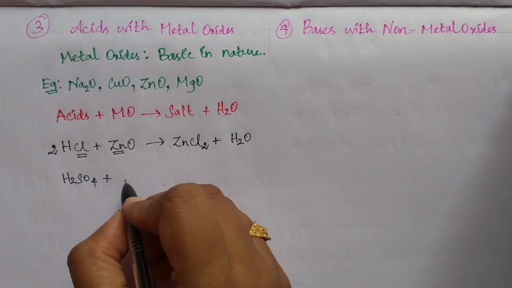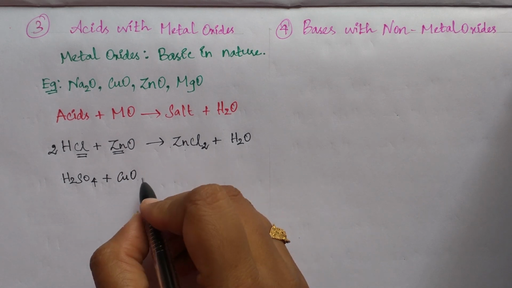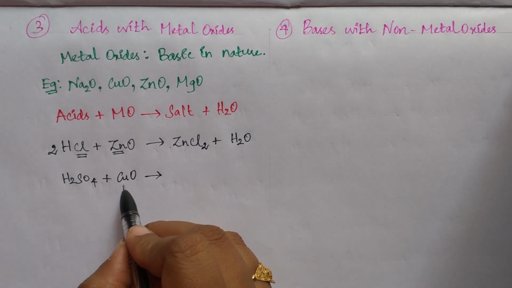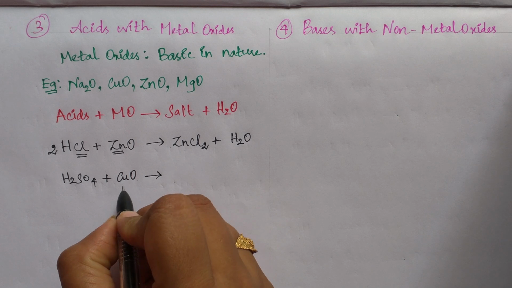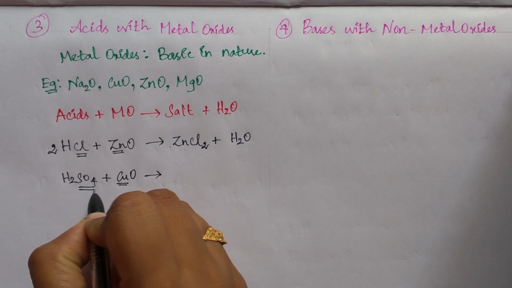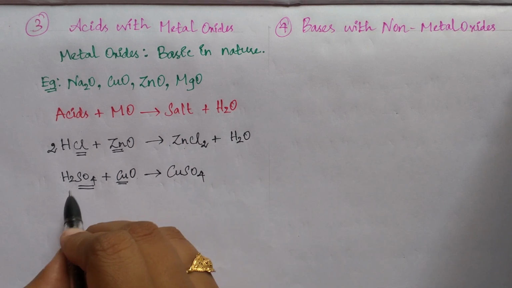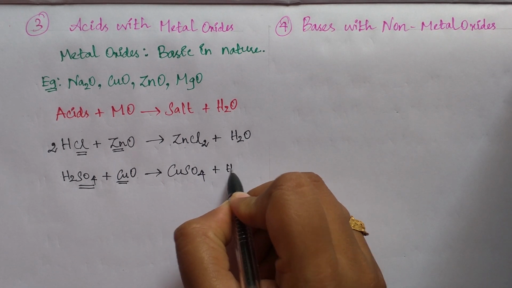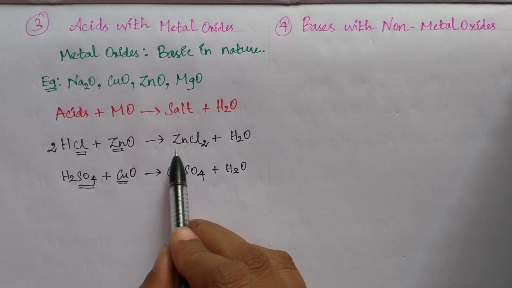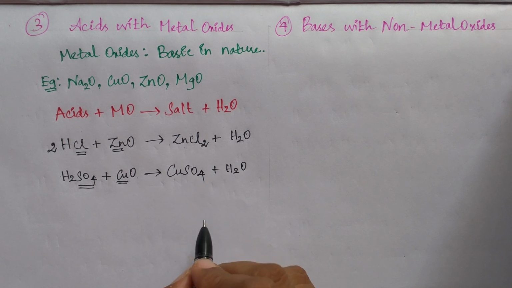Not only with zinc oxide, you can take copper oxide also. Copper oxide and sulfuric acid react, this copper and this sulfate react and form copper sulfate and remaining water. So zinc chloride and copper sulfate are salts.